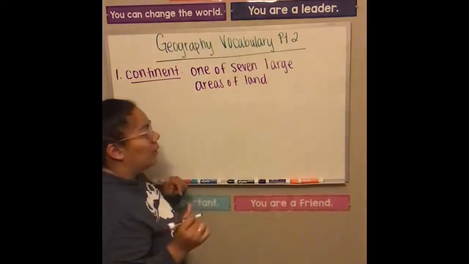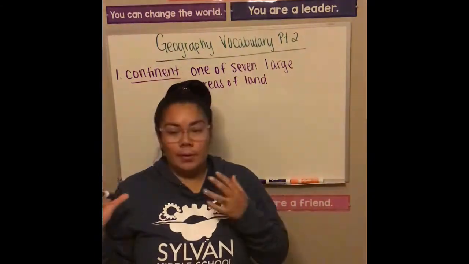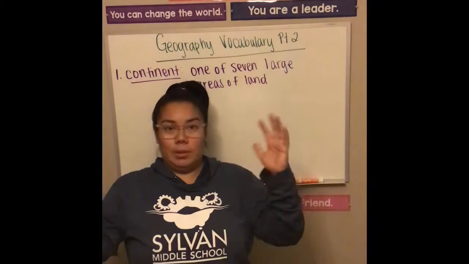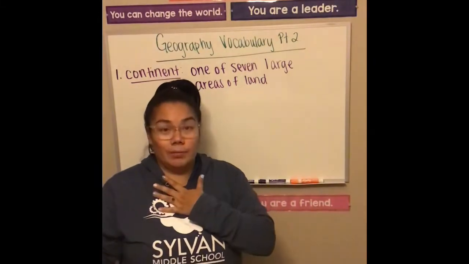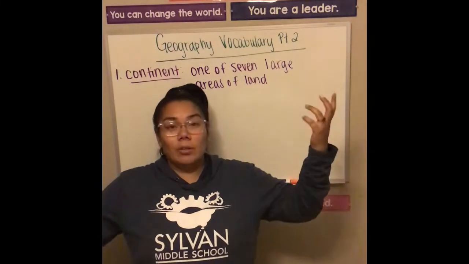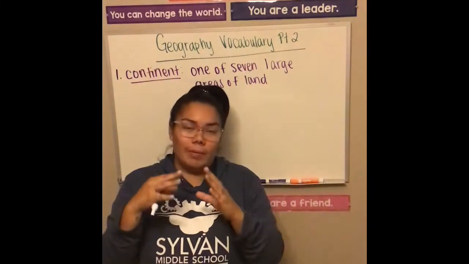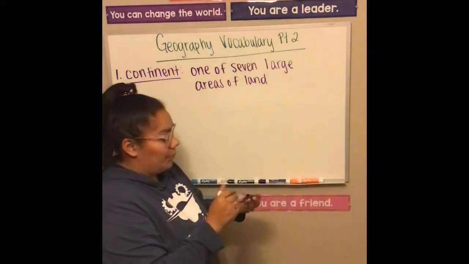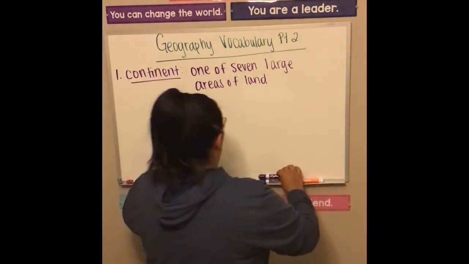Okay, so Earth is composed of 7 different continents, and that makes up the entire globe, right? We live on one of them. Some are really large, some are medium, and some we have a small one too. So we're going to talk about those.